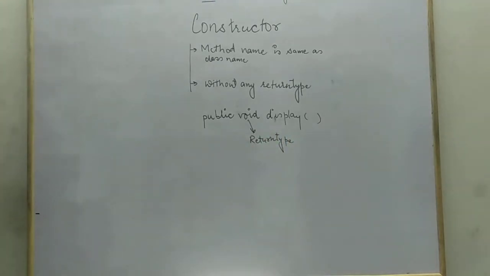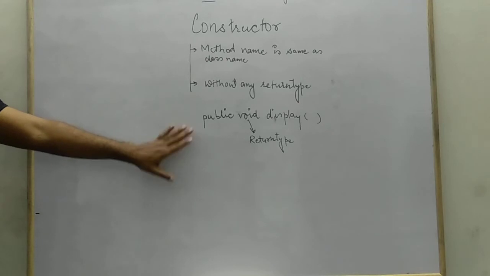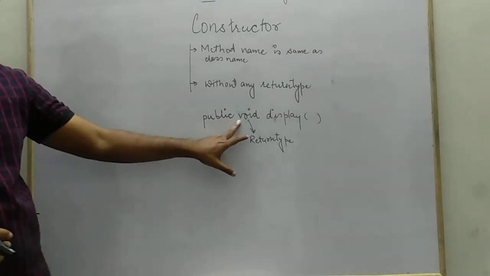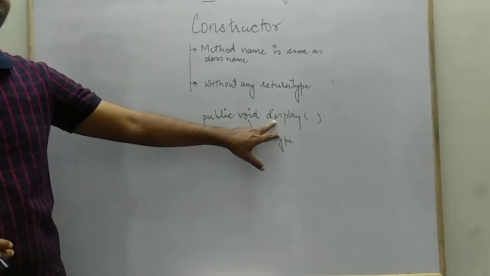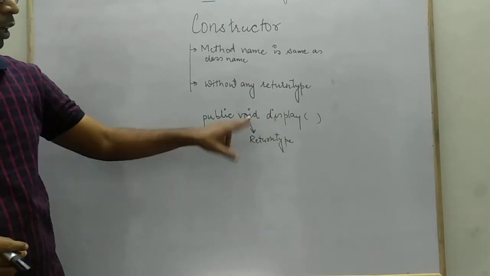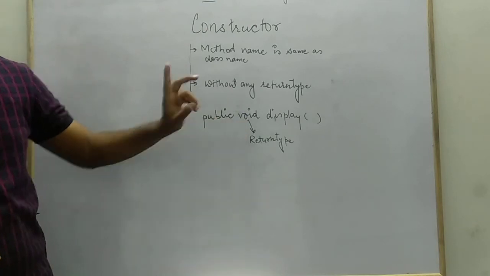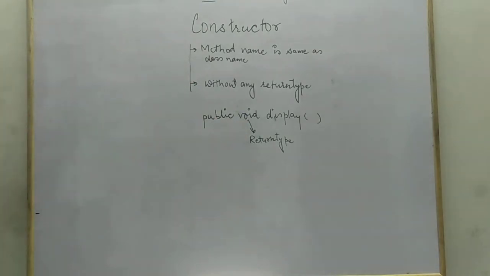Okay, so this one is an example of a method. This one is the access specifier, as you know. The second one is the return type, and this one is the method name. So here the constructor doesn't have any return type, not even void. Okay, what is the meaning of void? Void means no return type, but here you need not mention the return type.